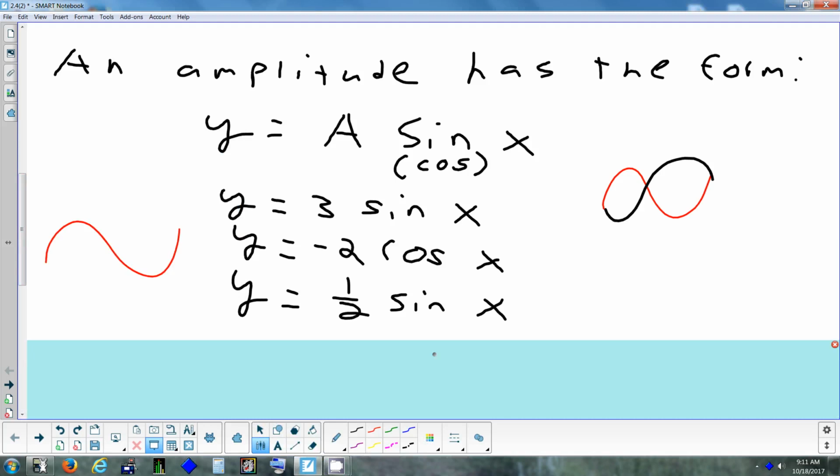If that's your original, putting a 1/2 in front might do something like this. It still has a wave to it, but it's been compressed. So we would hear that as a softer sound. Would it necessarily be half as loud? Again, that's a more complicated question.